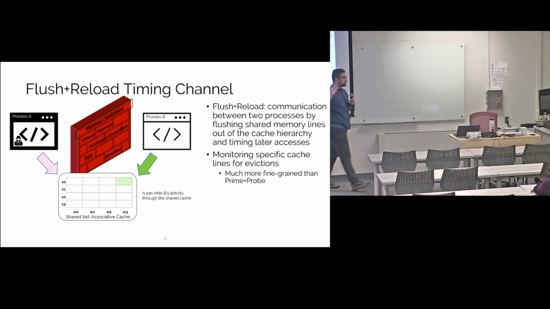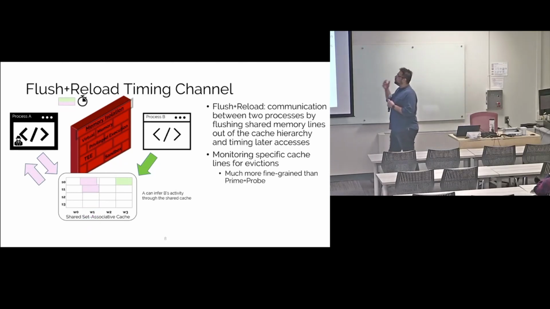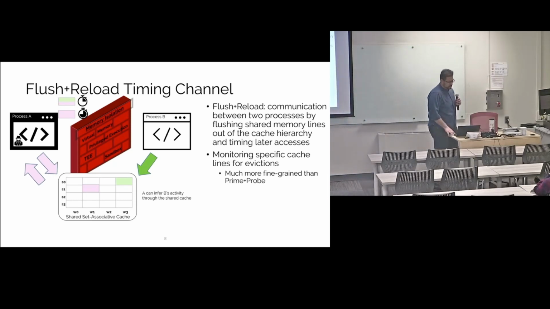Process A has waited for process B to execute, and then process A executes again and tries to see which of the cache lines are already in the cache. This one was already in the cache because it was loaded by process B, so that was accessed quickly. This one was not in the cache, so that was accessed slowly. That again leaks some information about what process B is doing.